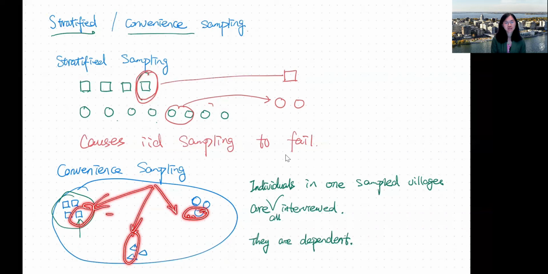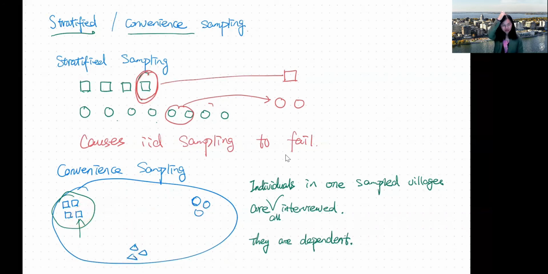That involves a lot of transportation cost, so that is not very convenient. For this kind of problem, one commonly used technique is to randomly draw a village, and then you travel to that village. Once you have traveled to that village, you interview everybody in that village. That's called convenience sampling.